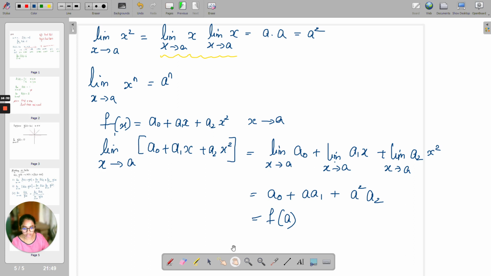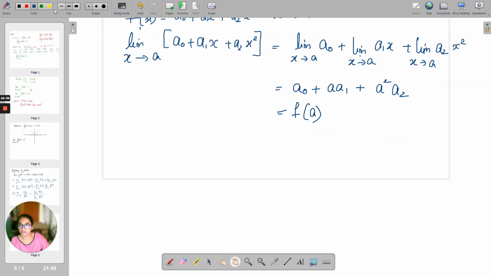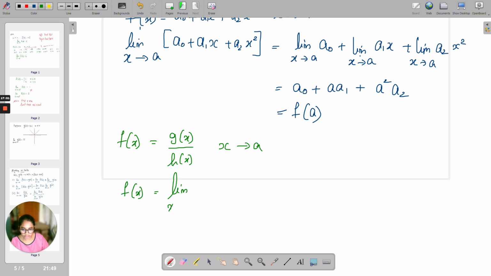So now, next, let me take f of x is equal to some function g of x divided by h of x. Here, x tends to a. So now I can write it as, f of x is equal to limit x tending to a, g of x divided by h of x.